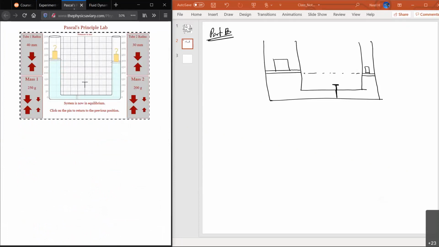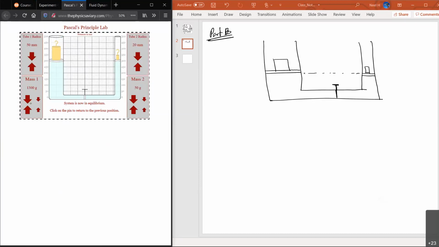Larger one, change this into 50 radius, reduce the other one into 20 radius, and then change the mass on the smaller tube into 50 grams. Mass on the larger one into about 1300 gram. Just click the up arrow, then you can change the numbers accordingly, okay? Exactly 1300 gram.